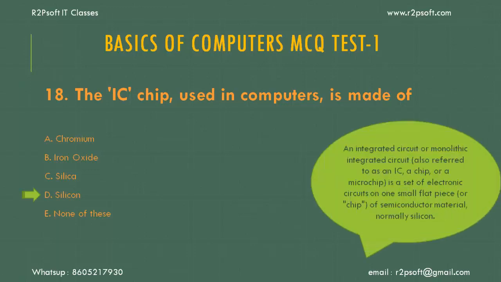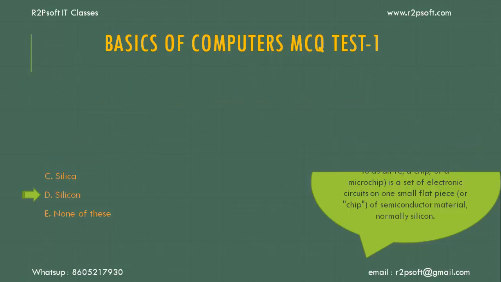Friends, an integrated circuit or monolithic integrated circuit, also referred to as an IC, chip or microchip, is a set of electronic circuits on one small flat piece of semiconductor material, normally silicon.